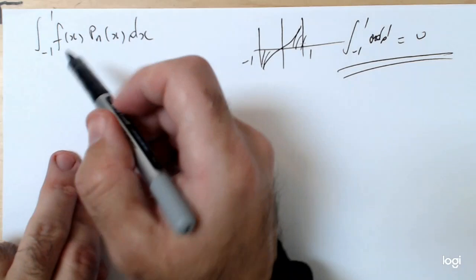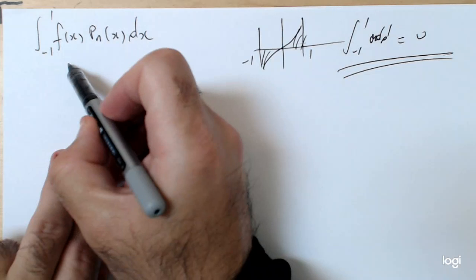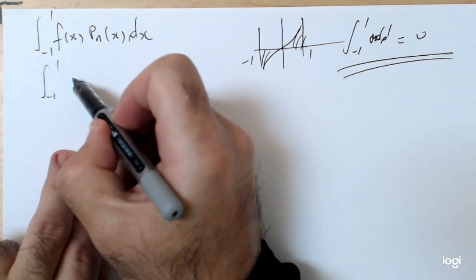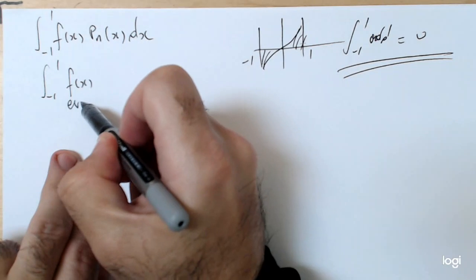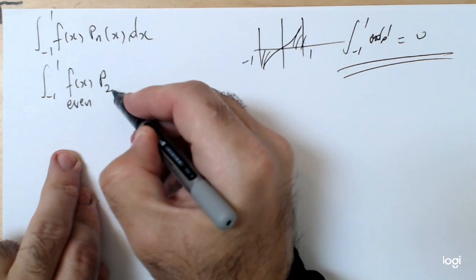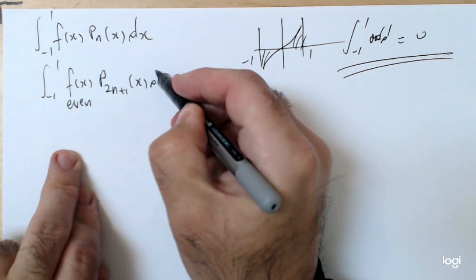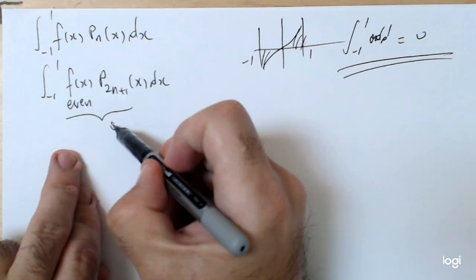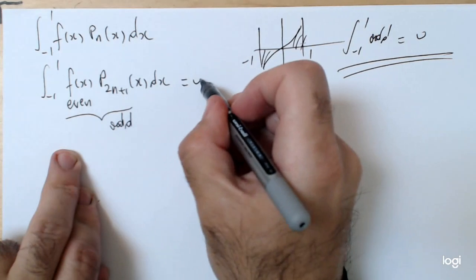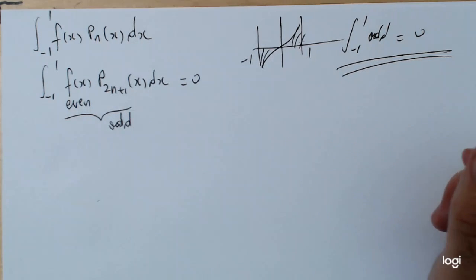And let's say you have an even function multiplied by an odd polynomial. This becomes an odd function. So we can write equal to 0 right away without too much fuss.